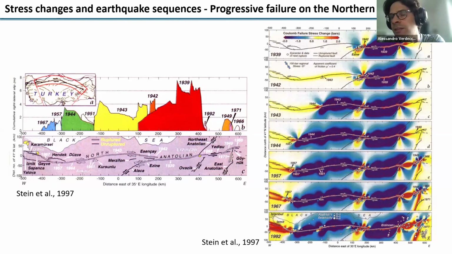Actually, it's a nice model, but we could expect such a behavior to be explained by static stress changes. The interesting thing is that the paper was published in 1997 and highlighted the fact that there is a region, of course, to the very west, which is characterized by high stress increase, in particular the region around Izmit.